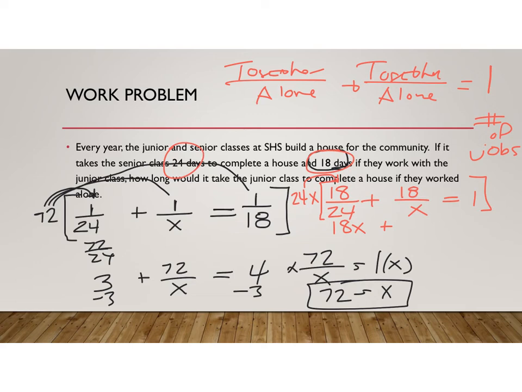I end up with 24 times 18, which is 432, and the 24x times 1 is 24x. Subtract my 18x from both sides, divide, and I get x to be 72 again. So that's the number of days it would take the juniors to complete this alone, by themselves.